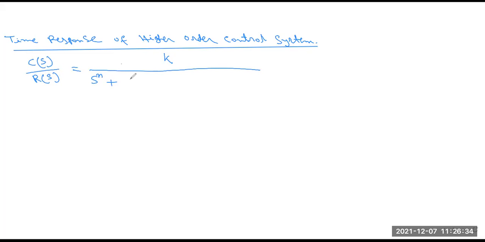That is s to the power n plus a1 s to the power n minus 1 plus a2 s to the power n minus 2, and so on, continuing up to the last term, an. So this is the overall expression for the higher order control system: C(s) by R(s) equals K by s to the power n plus a1 s to the power n minus 1 plus a2 s to the power n minus 2 and so on, plus dot dot dot an.